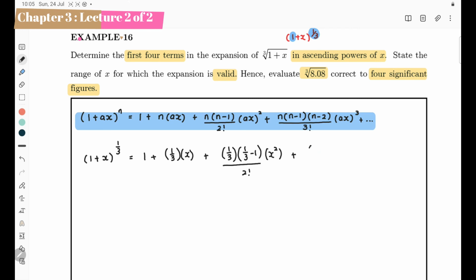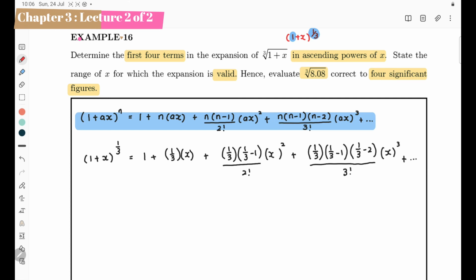And for the last term, 1/3 times (1/3 minus 1) times (1/3 minus 2), divided by 3 factorial and times x cubed. And don't forget plus triple dots.